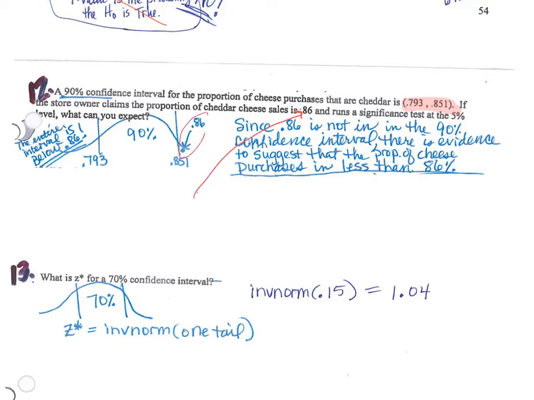So notice that 0.86 is not in the interval. So you have evidence to reject that 0.86. That gives me an indication that the proportion of cheddar cheese sales is going to be lower than 0.86.